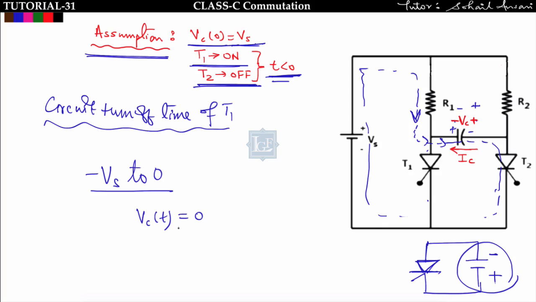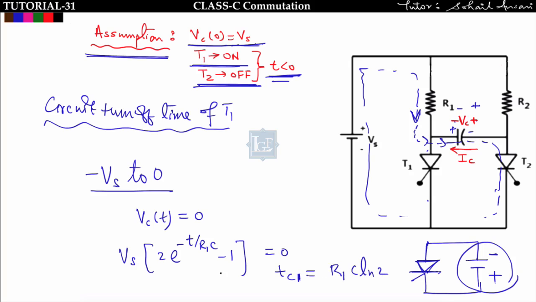So when Vc(t) is 0, Vc(t) I was getting is equal to Vs into [2 e to the power minus t upon R1C minus 1]. This is the Vc(t), that is equal to 0. So this time will give the circuit turn off time Tc1, that is equal to R1C ln2. Solve this equation, find time t, that is the circuit turn off time. Tc1 is equal to R1C ln2.